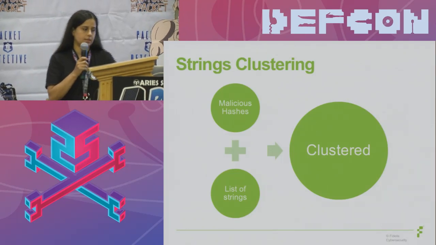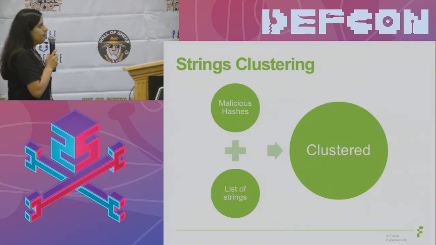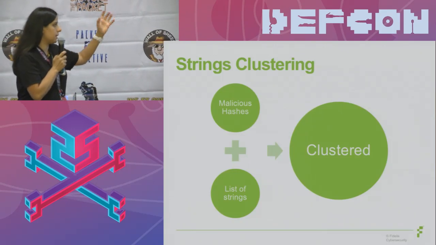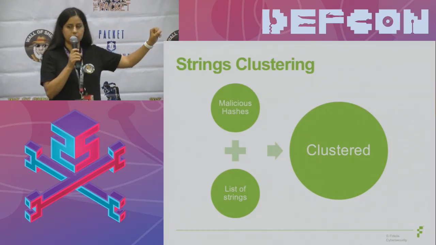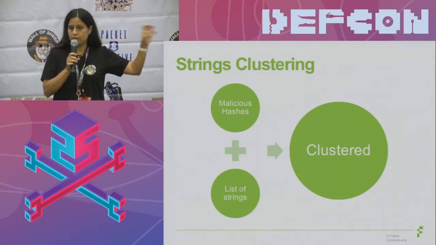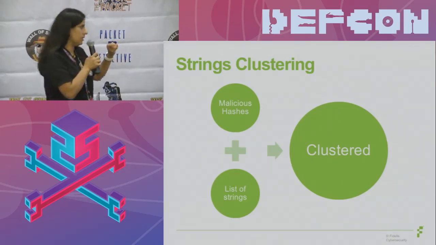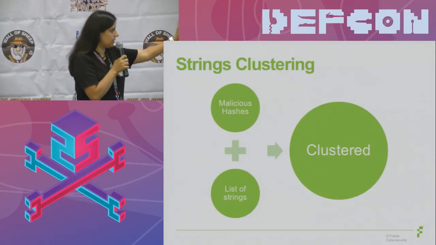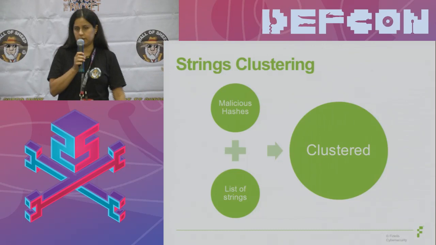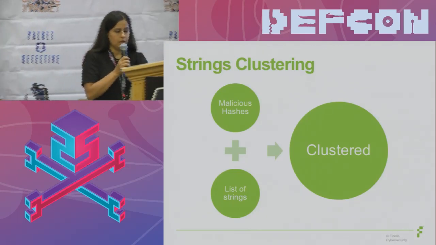So it's something like this. The file is detected as malicious. I'm applying strings and getting all of the strings out of it, and also the Unicode strings, and then making a list and clustering the information in another collection.